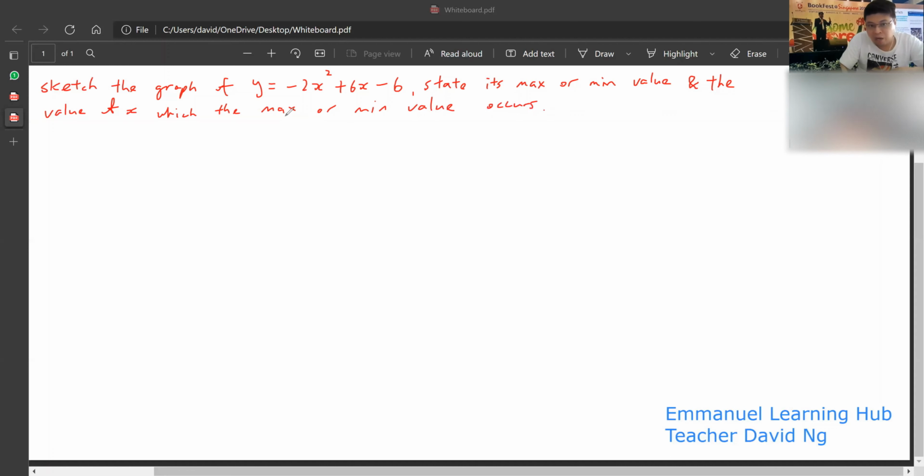Okay, when they say max or min value, they are referring to the max or min value of y.